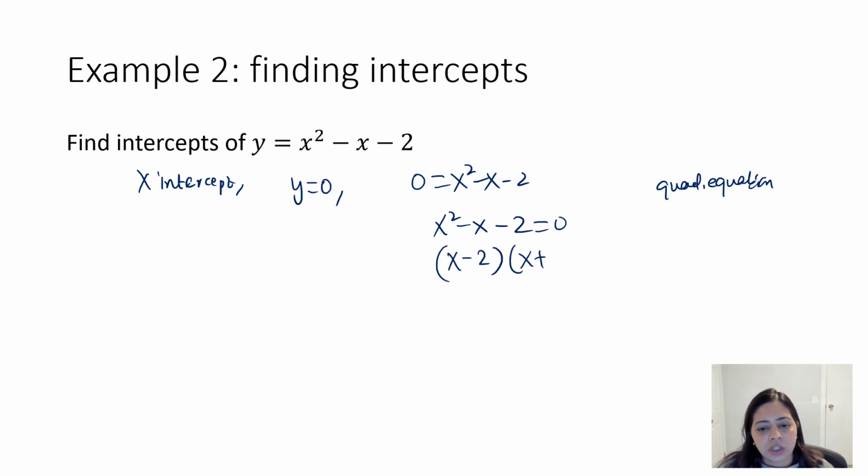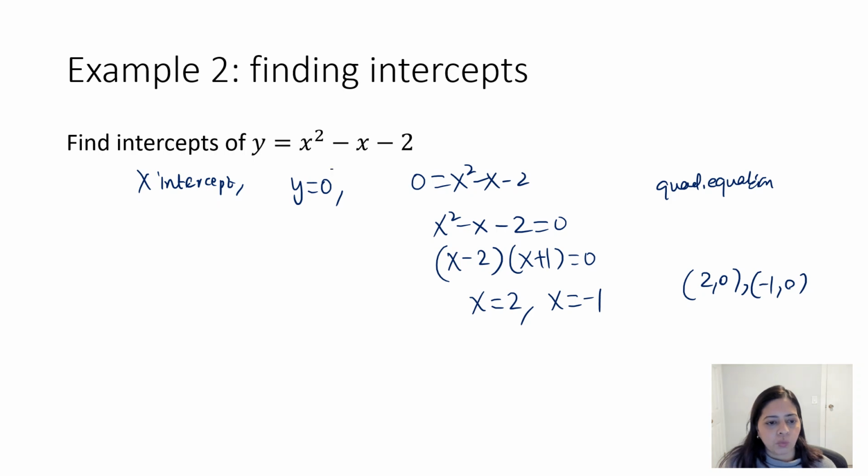So x minus 2, x plus 1 equals to 0. Which gives me these 2 solutions. So eventually I get 2 x-intercepts, 2 comma 0 and negative 1 comma 0, because y had just one value 0, but there are 2 x values, giving me 2 x-intercepts.